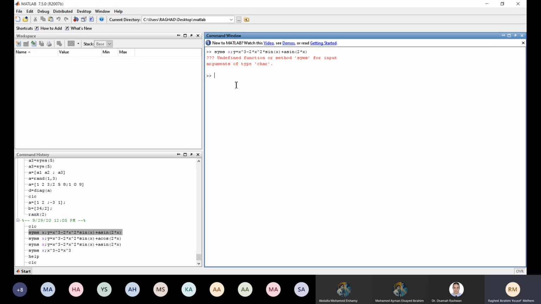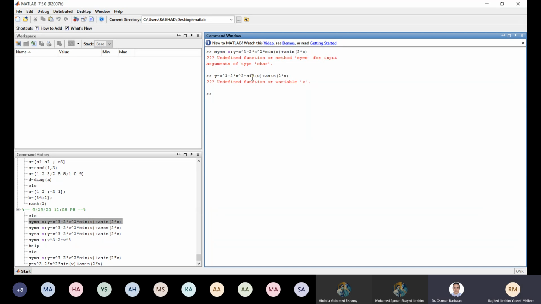Okay. First put x. No need for syms. It's straightforward. y equal to. Can I copy it? Yes. I'm afraid you type x small outside and X capital inside. This is the problem, because you have to define x. Look, all small x. So what's the problem?